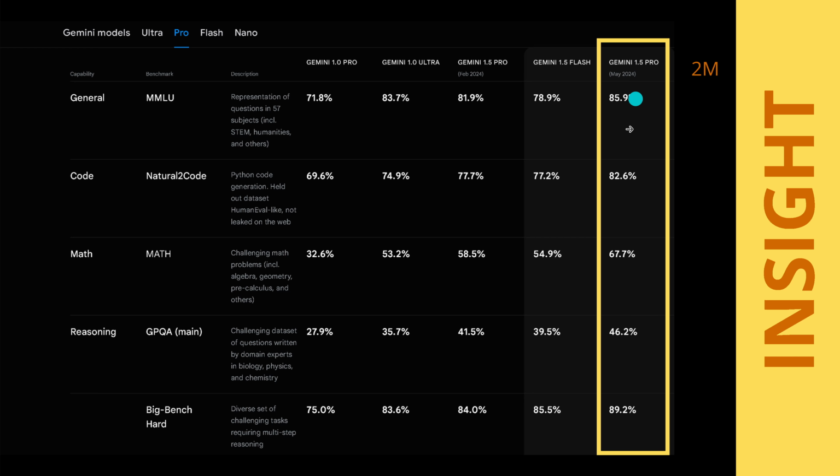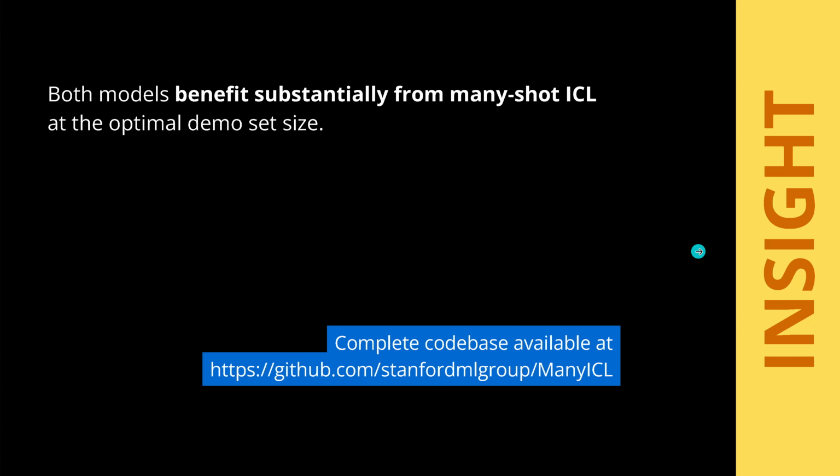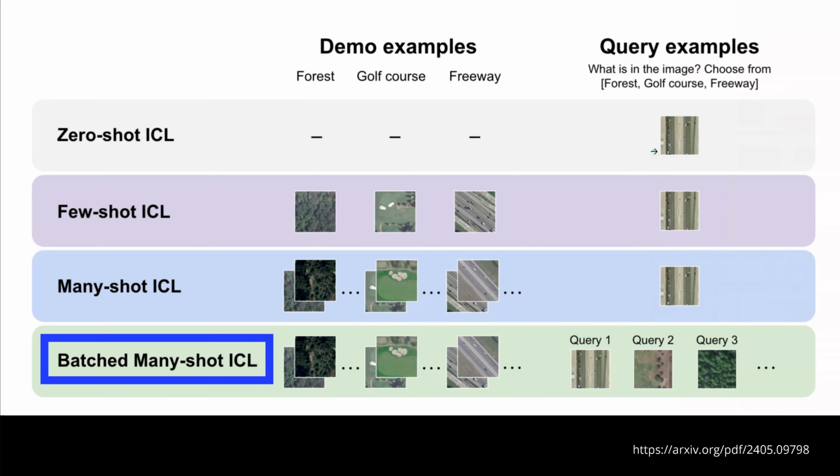But this study is particularly about this system. And look, we have a new Gemini 1.5 Flash, which also has a really beautiful performance. It should be significantly faster. The complete code base for this study is available at github.com, Stanford ML Group, Many in Context Learning. Have a look, it's interesting.